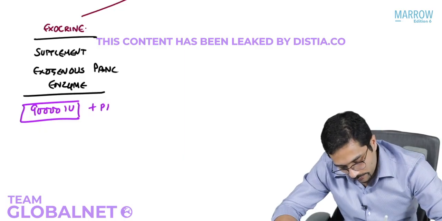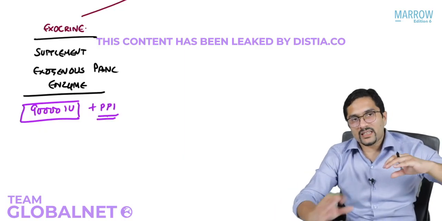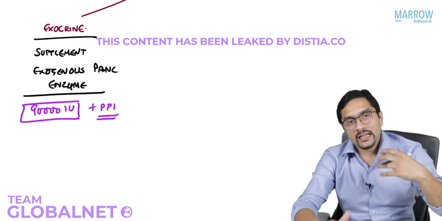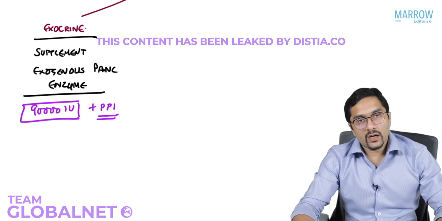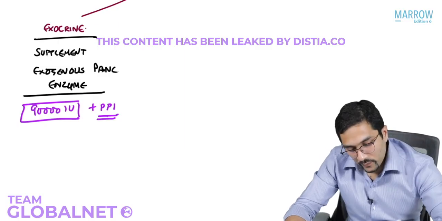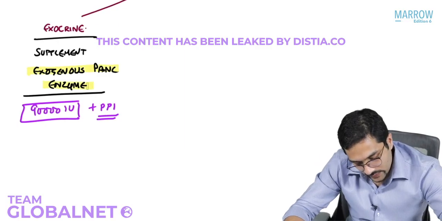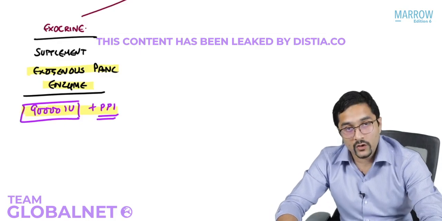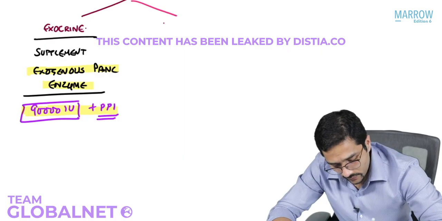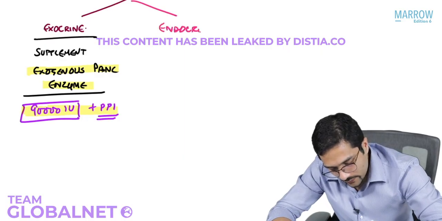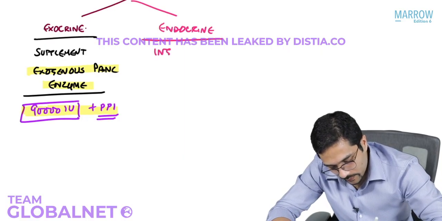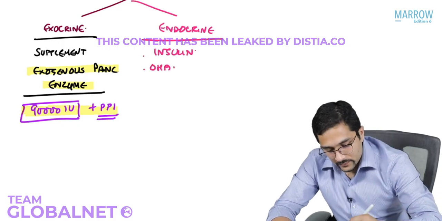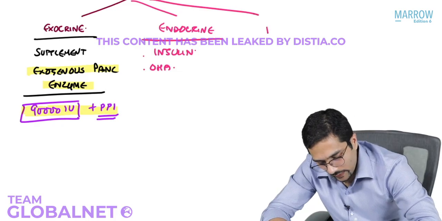This is usually clubbed with a proton pump inhibitor so that the lipase which is being given can easily go into the small bowel as well. This supplementation helps with the malabsorption, and it has to be done on a daily basis. If there is endocrine insufficiency, we have to give insulin in these patients, or oral hypoglycemic agents have to be used. How do we manage patients who have pain?